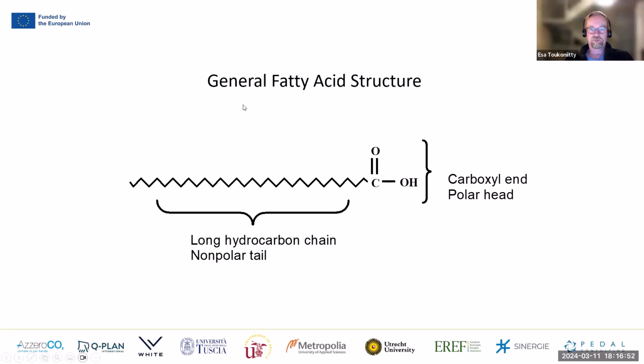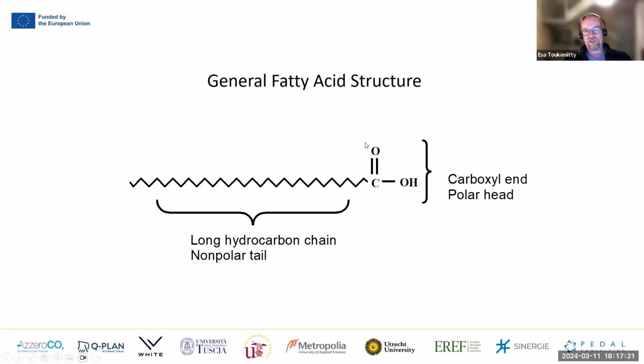Strange. Yeah. So what is a fatty acid? If you have studied a bit of chemistry, a fatty acid is basically a carboxylic acid. But what makes it a fatty acid is just that it's found in these fats and oils often, and it's usually these quite long chain carboxylic acids.